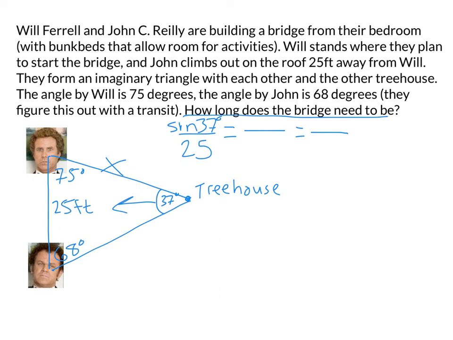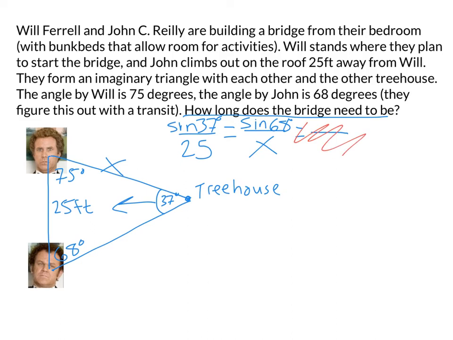Now, I want to figure out this x right here, right? So let's put that x as my length down here. Well, what angle is across from it? Across from my x is the 68 degree angle. So my sine of 68 goes right up here. Sine of 68 degrees. Now, do I even care about this last piece over here? I do not.